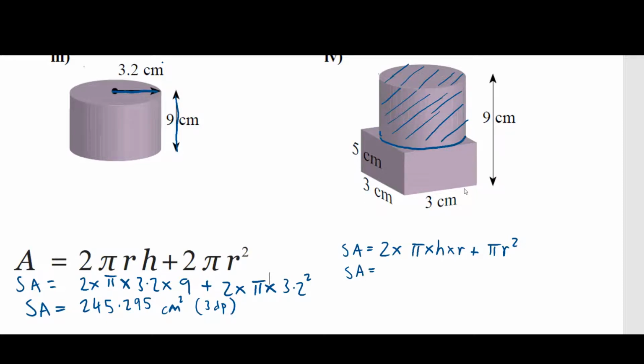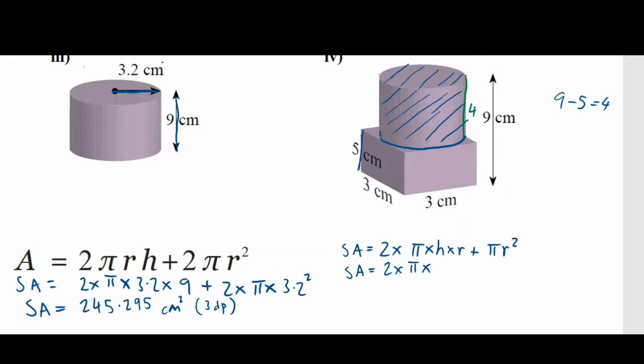The surface area of this cylinder is going to be 2 times pi times, now our height here is going to be, if that's 5 and that whole thing's 9, then this is going to be 9 take 5, which gives us 4. So from there to there is 4.